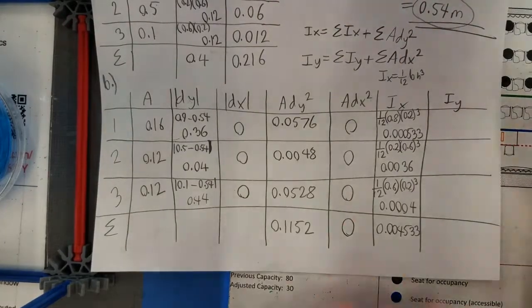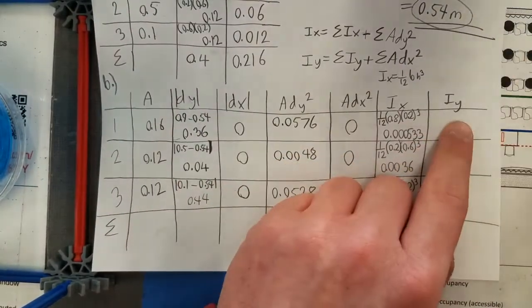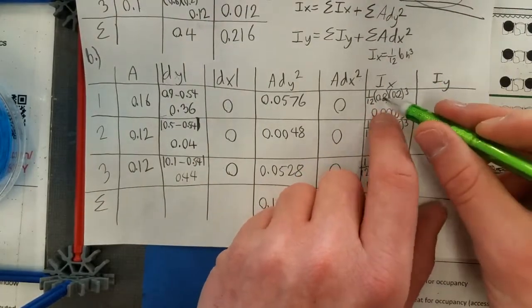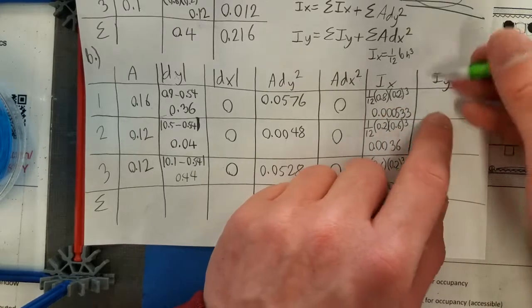And then moving on, we can find out our Iy's here. Essentially with the y's, it's going to be the same dimensions. We're just going to flip them around, because instead of base times height cubed, it's going to be height times base cubed.